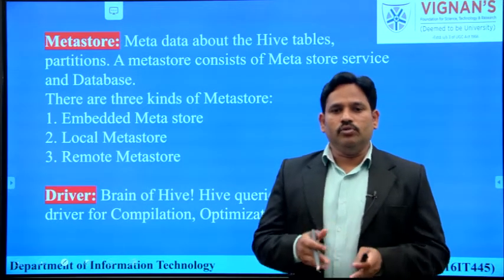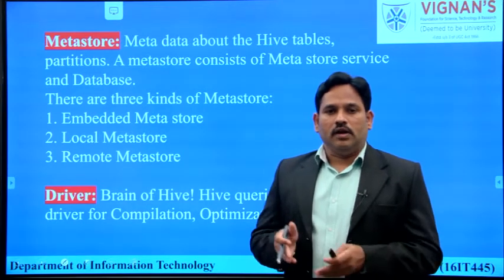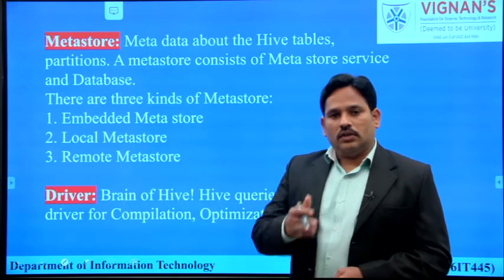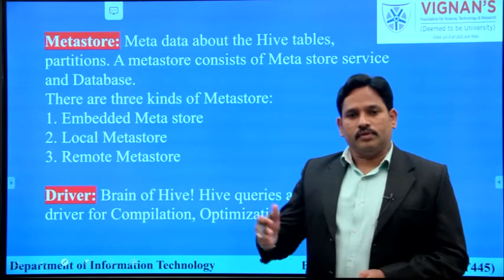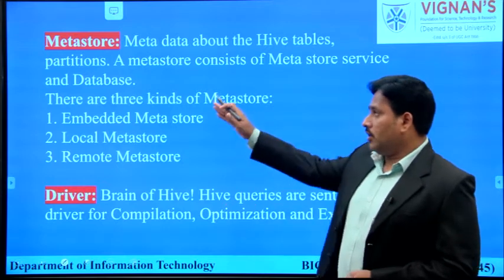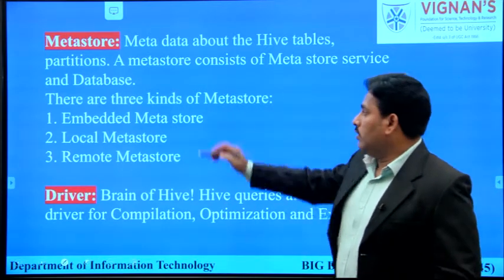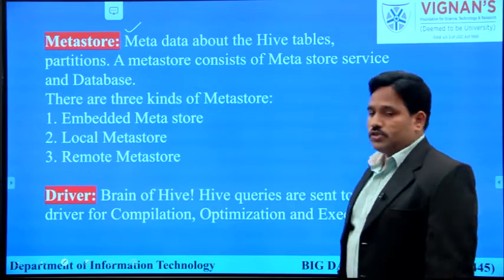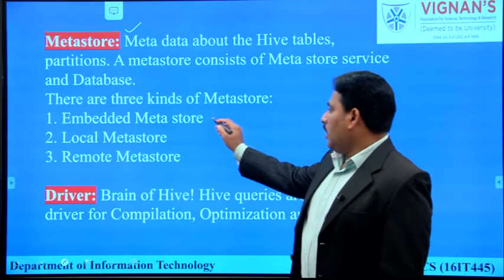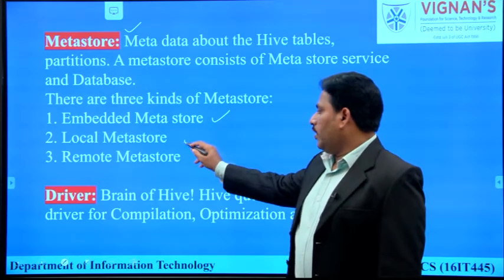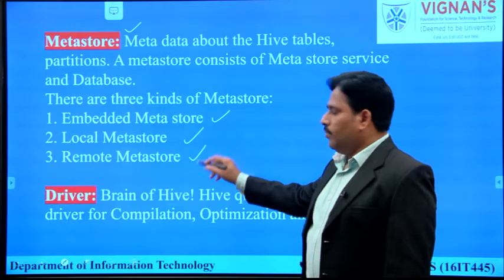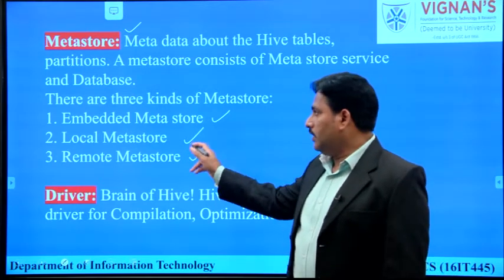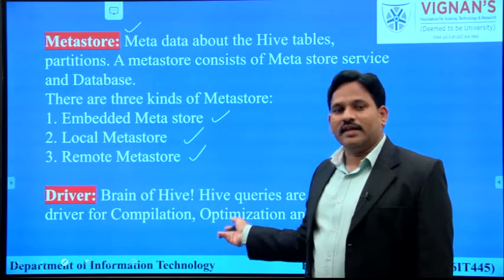All the units of Hive like database, tables, partitions and buckets, the whole flow from database to buckets, will be organized with the help of the Metastore. Now there are three different kinds of Metastores available. They are embedded Metastore, local Metastore and remote Metastore. The graphical representation of these three types of Metastores we'll see in the next slide.